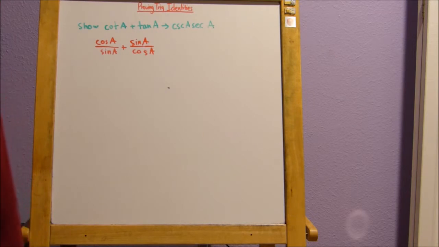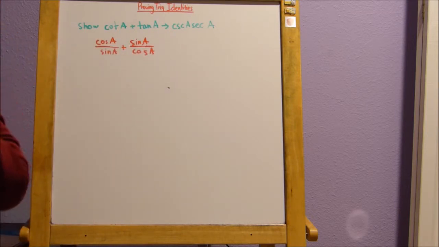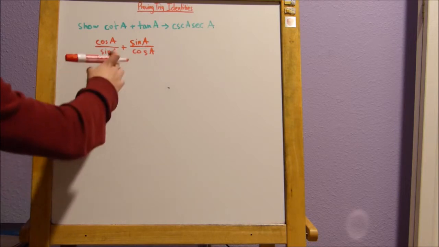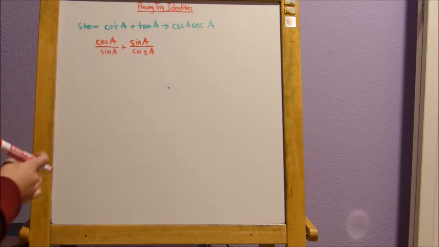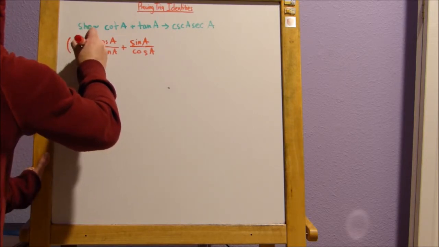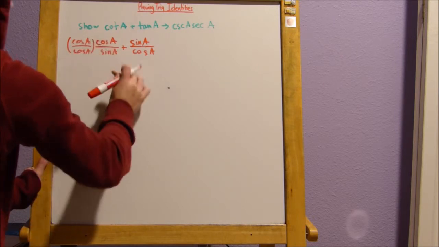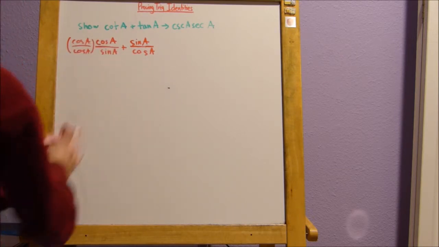Okay? So now this next step might stump a couple of people because you're just like, what do I do? This doesn't work. But really, whenever you're stumped and you have an addition sign, you should always try to have a common denominator. And that can be achieved by multiplying this side by whatever this denominator has that the other denominator doesn't have.